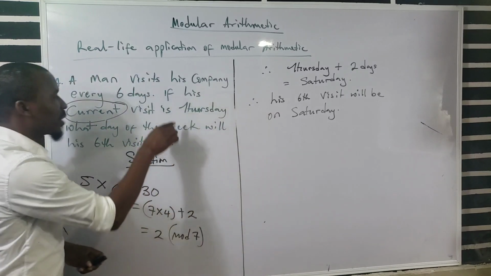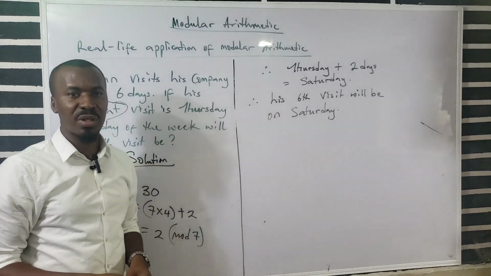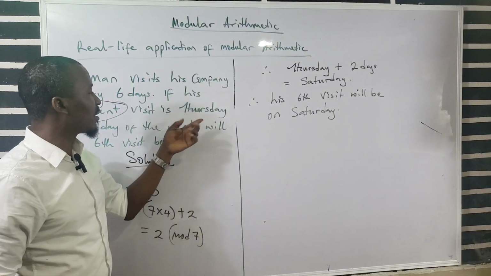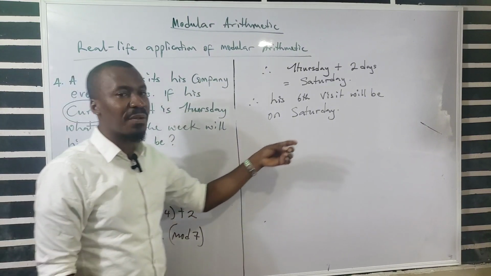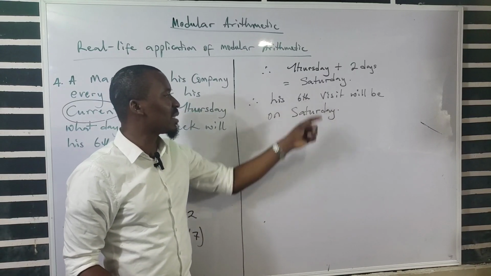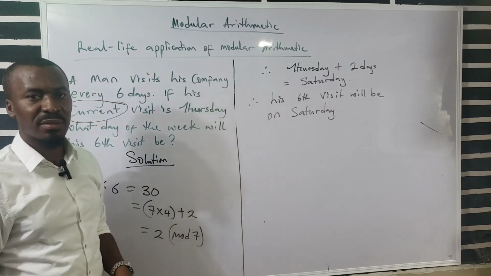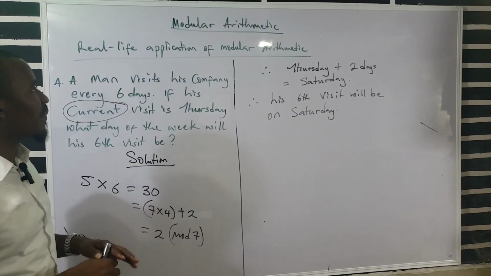Of course, if you include this one, it will be the sixth week. So without including the present day he visited, it is in the fifth week that he will complete his sixth visit to the company. So I hope this real life application is clear.